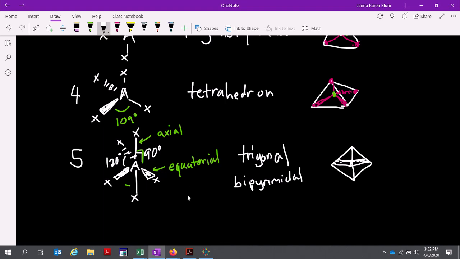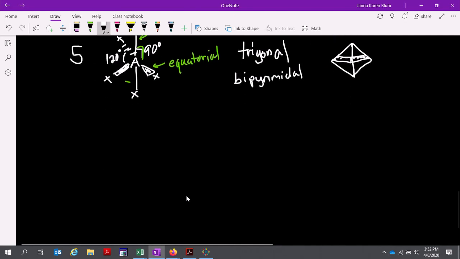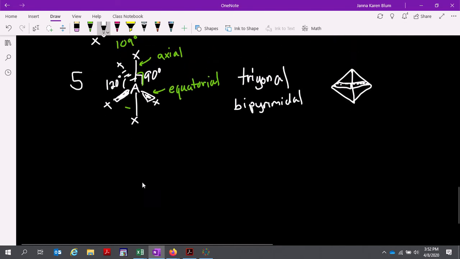The last geometry that we have is very similar to the trigonal bipyramidal, but instead of 3 coming around the middle, I'm going to have 4 coming around the middle in terms of a square. So here I have A, and then I have my square.